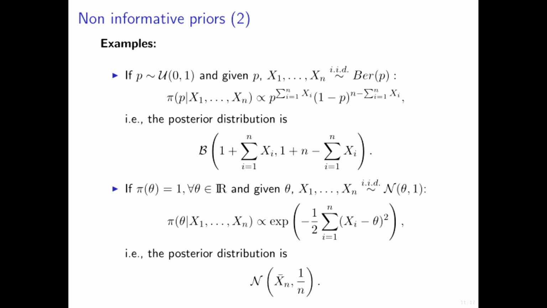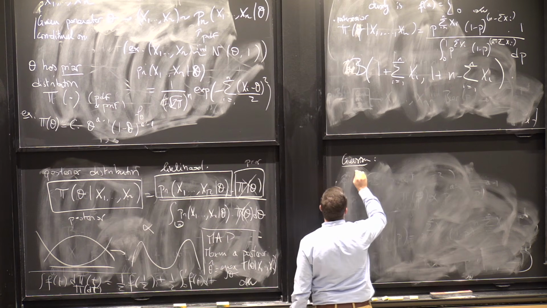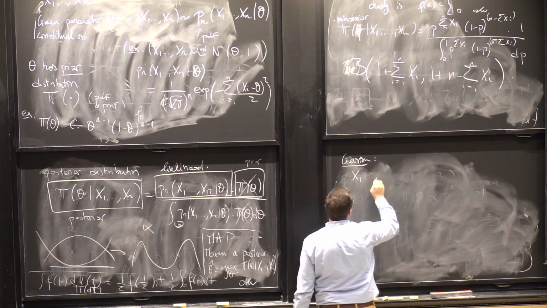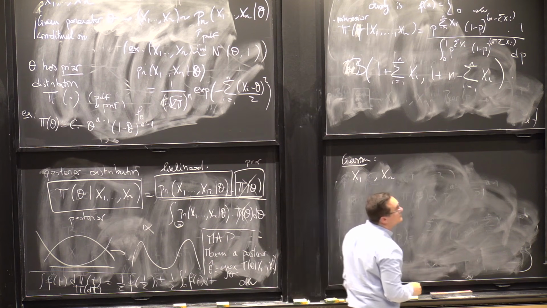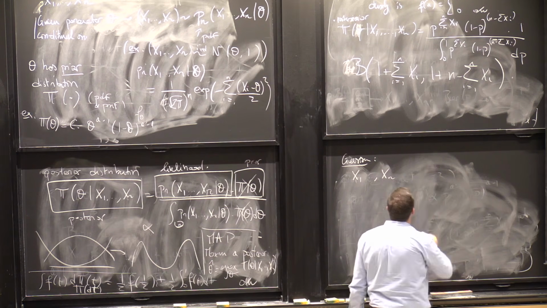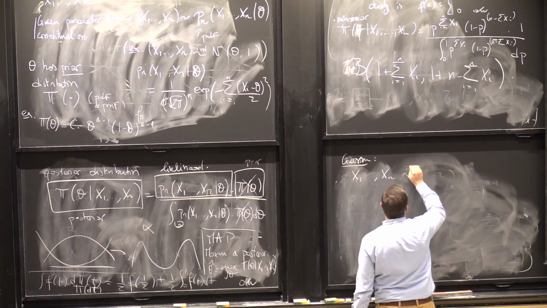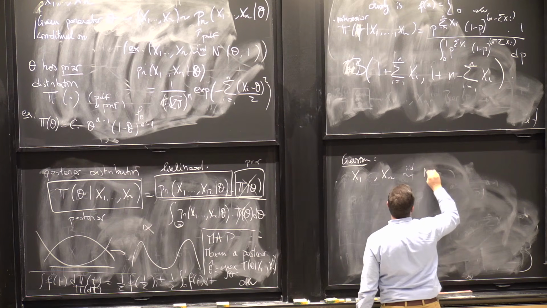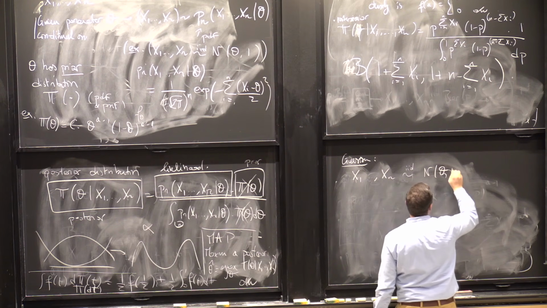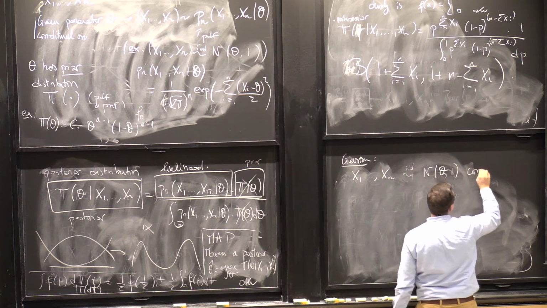OK, so what I want is that X1, ..., Xn are IID N(theta, 1) conditionally on theta.